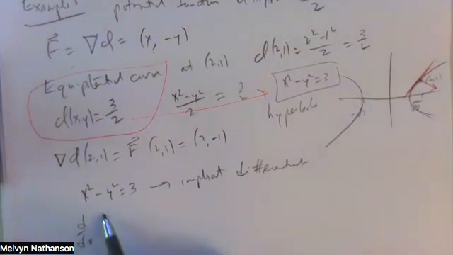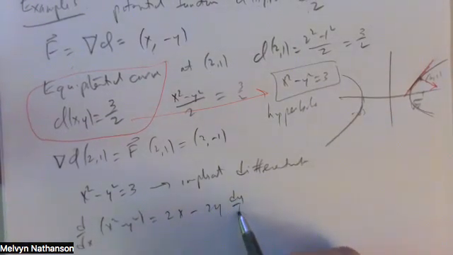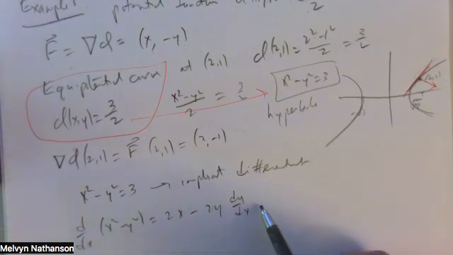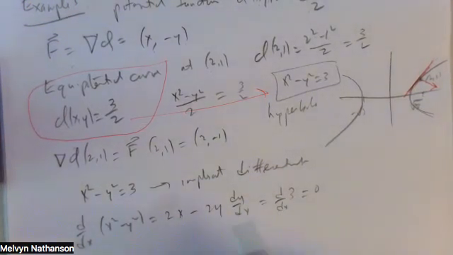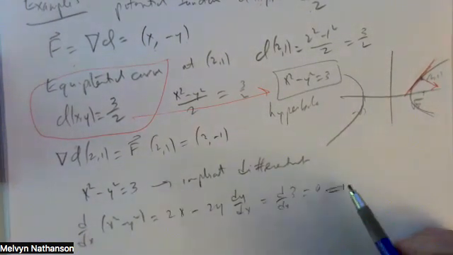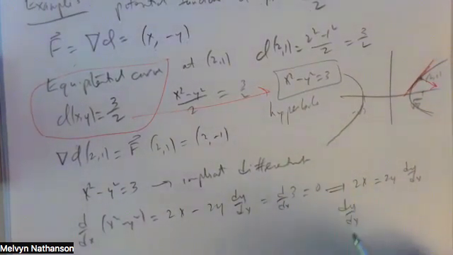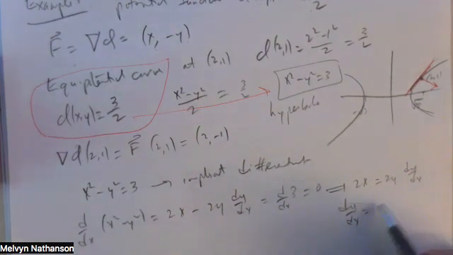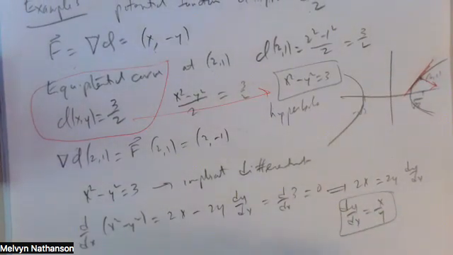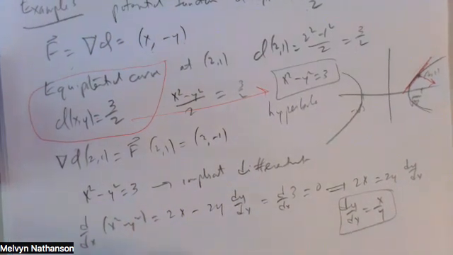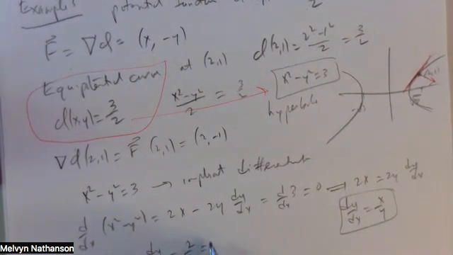If I differentiate x squared minus y squared with respect to x, I get 2x minus 2y dy/dx. But x squared minus y squared is 3, so this is the same as the derivative with respect to x of 3, which is 0. So this says that 2x equals 2y dy/dx, or dy/dx is equal to x over y. So at 2, 1, dy/dx is 2 over 1, which is 2.